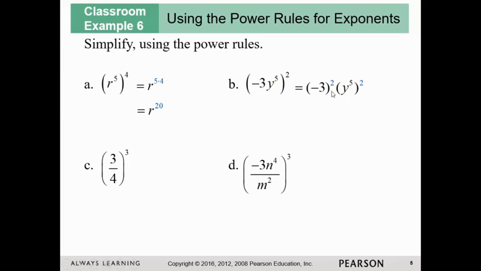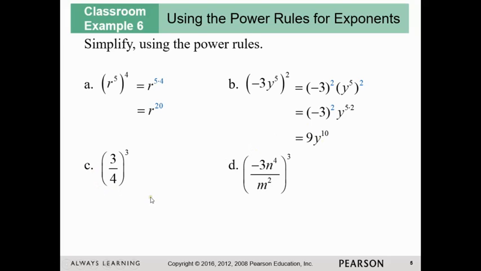We square that negative 3, and notice right here we now have a power to a power, so we multiply 5 times 2. So that simplifies into 9y to the 10th.